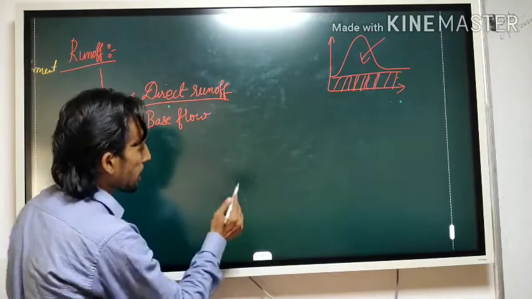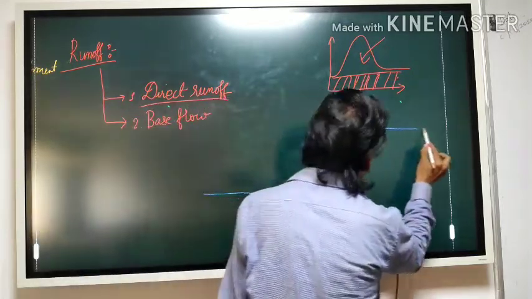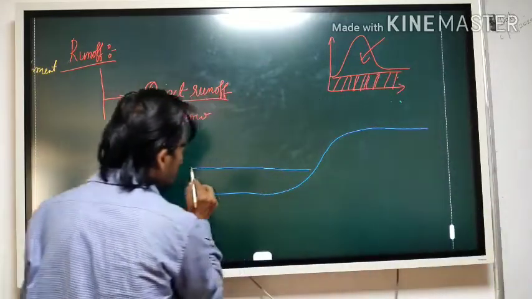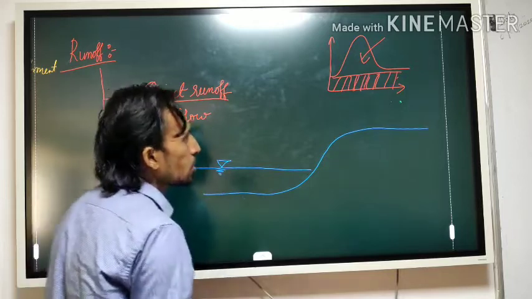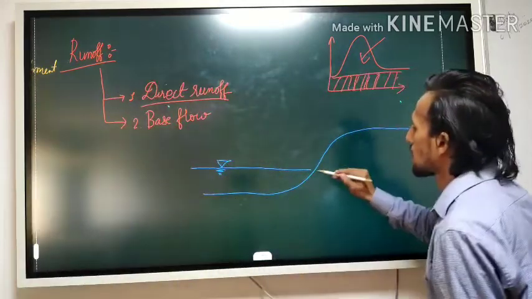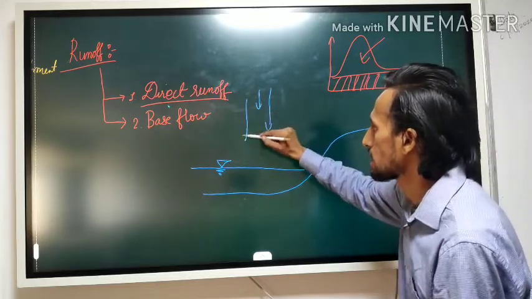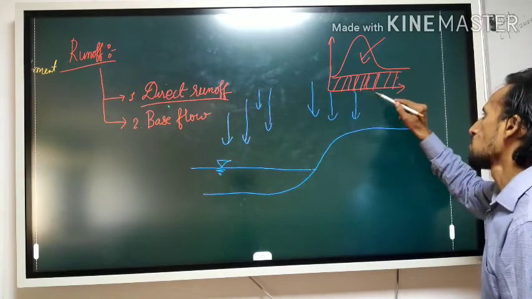Let's say this is some mountain and this is some river. If some rainfall is happening, what will happen?